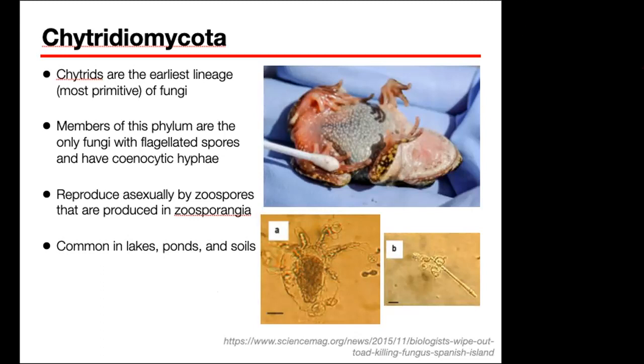These organisms, our chytridiomycetes or chytrids, are ubiquitous. They are found everywhere, in lakes and in soils. An example is Batrachochytrium dendrobatidis.